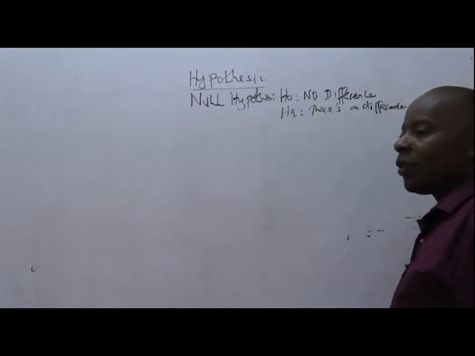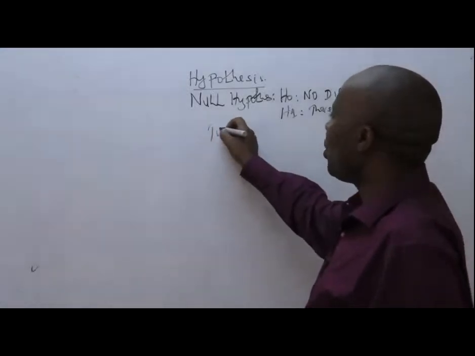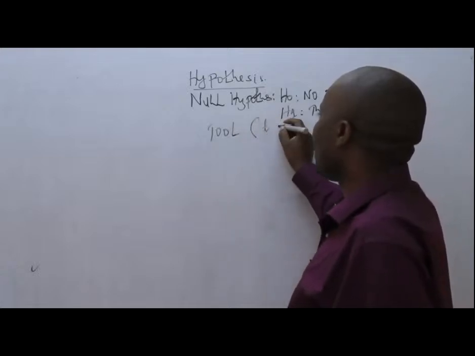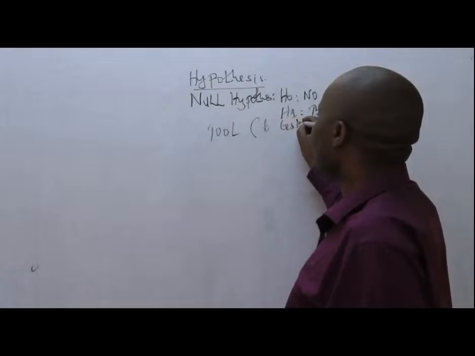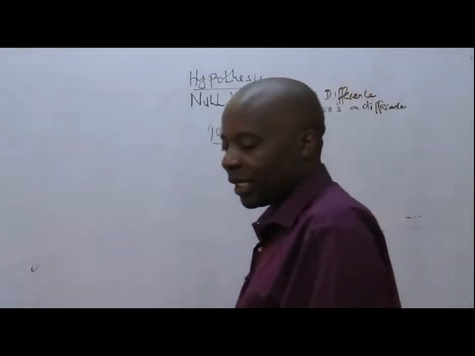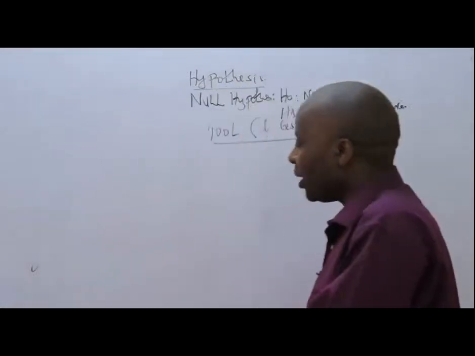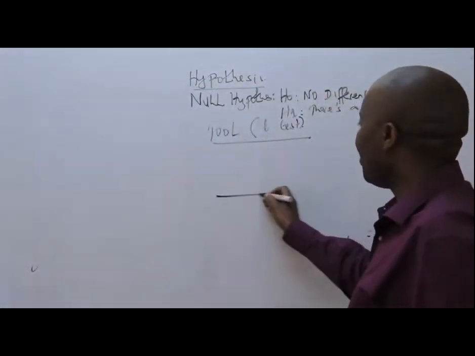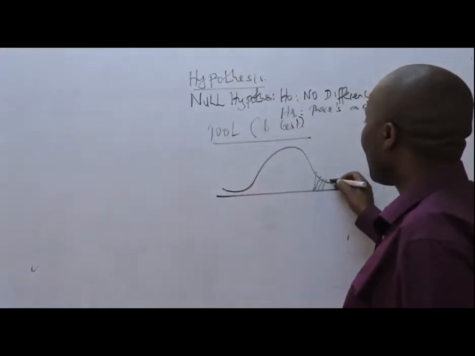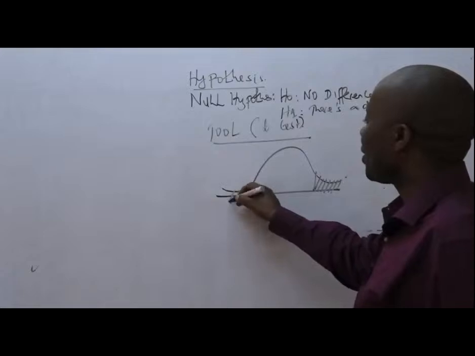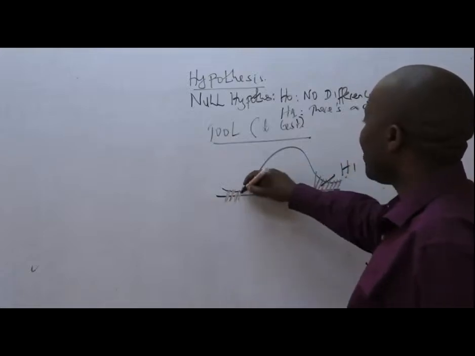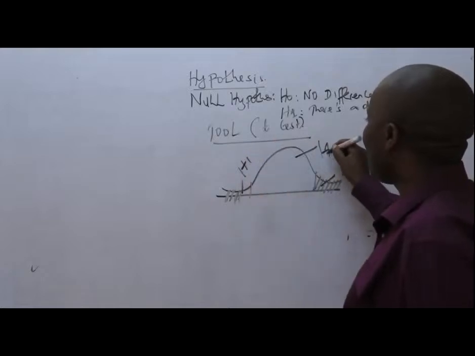Now, after that, we go to the tool. These are 6, so it is a t-test. Ladies and gentlemen, I'll just come and draw my diagram here. All paired t-tests are 2 tails, so I know this shaded is H1, and this will be H0.